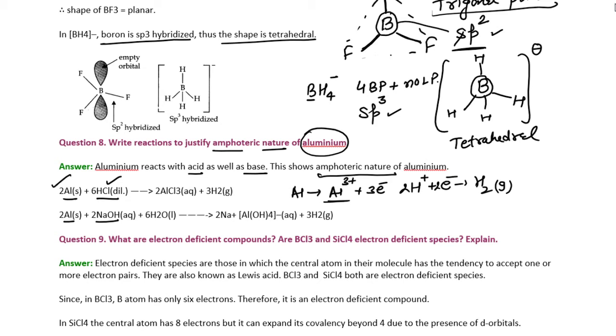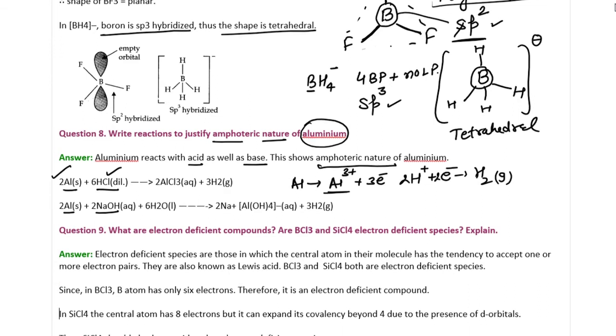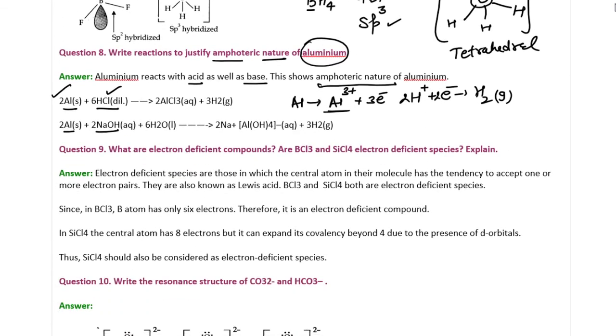With sodium hydroxide, first we get Al(OH)3, but the Al(OH)3 formed further dissolves in sodium hydroxide to give NaAl(OH)4, along with hydrogen gas, right? Got it? So this is question number 8.